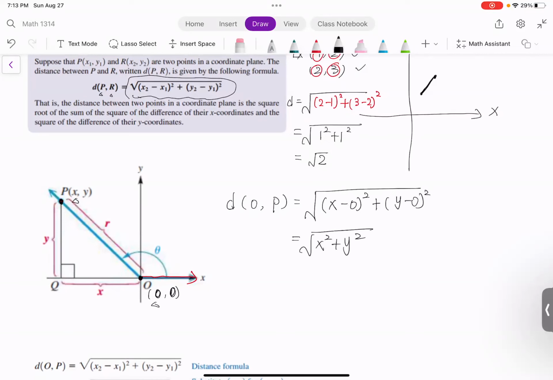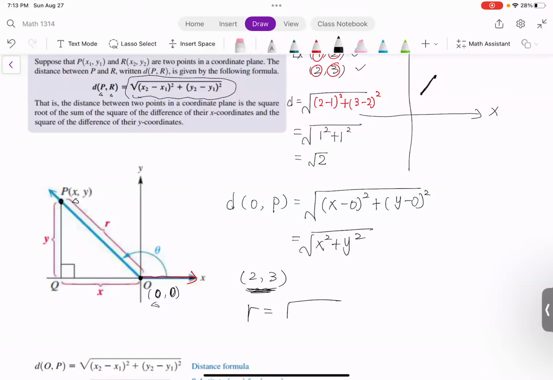Next time, if I have a point on the terminal side, for example the point P's coordinate is 2, 3, I can find the distance between this point and the origin, or the vertex point 0, 0. We use the symbol R to represent the distance from the point to 0.